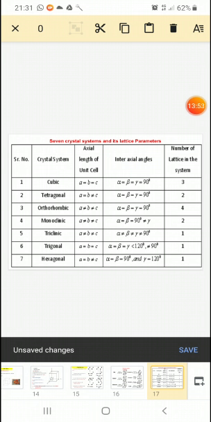Now there are different Bravais lattices. These Bravais lattices are shown in this figure.